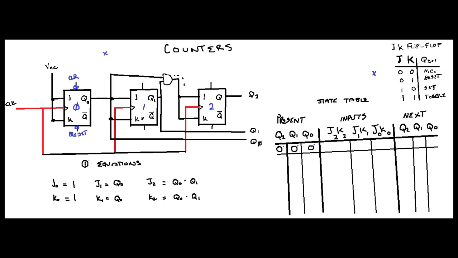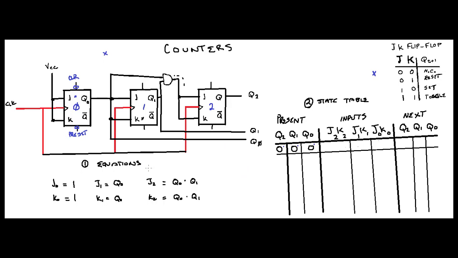You have to get your equations set right, all right? Now, once you have your equations set, we can go through and fill in the state table. I'm just going to write a number 2 over here. That's the next thing you do, okay? So now let's start filling out the state table, number 2, okay?